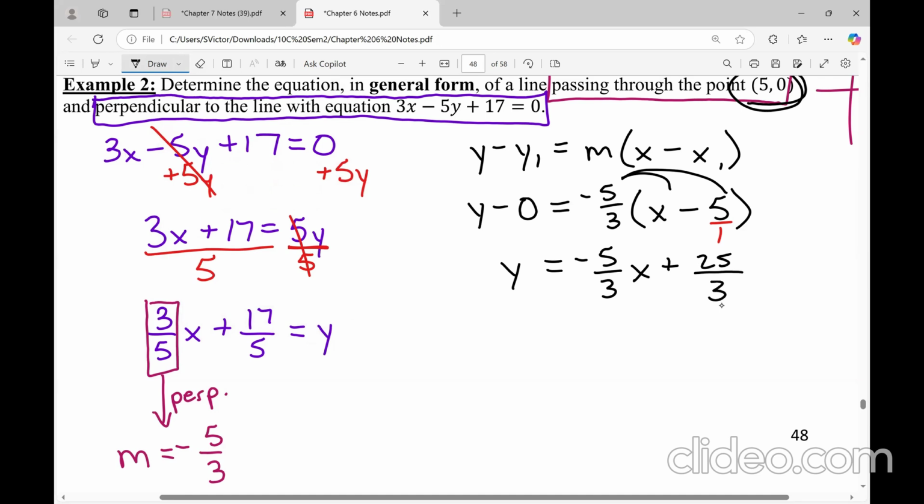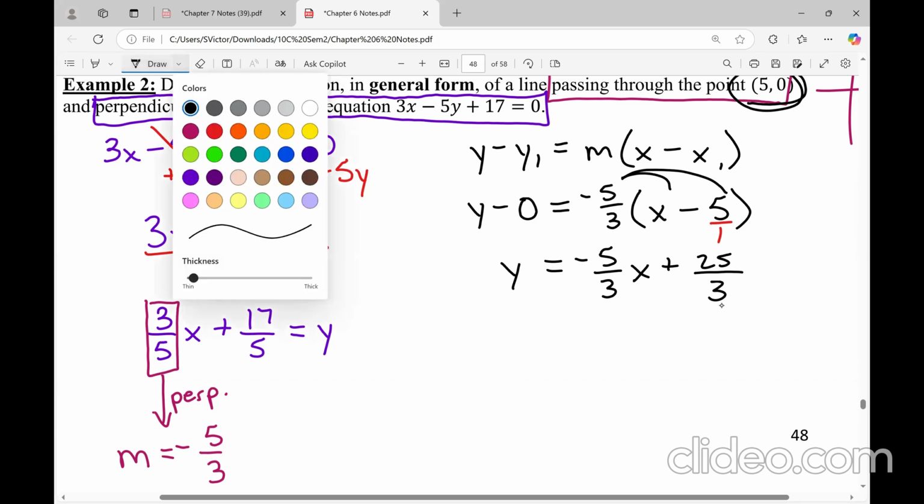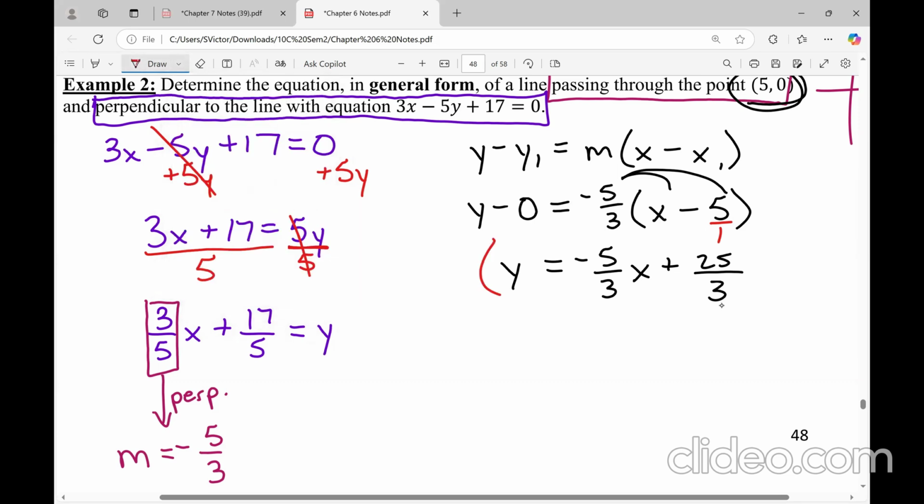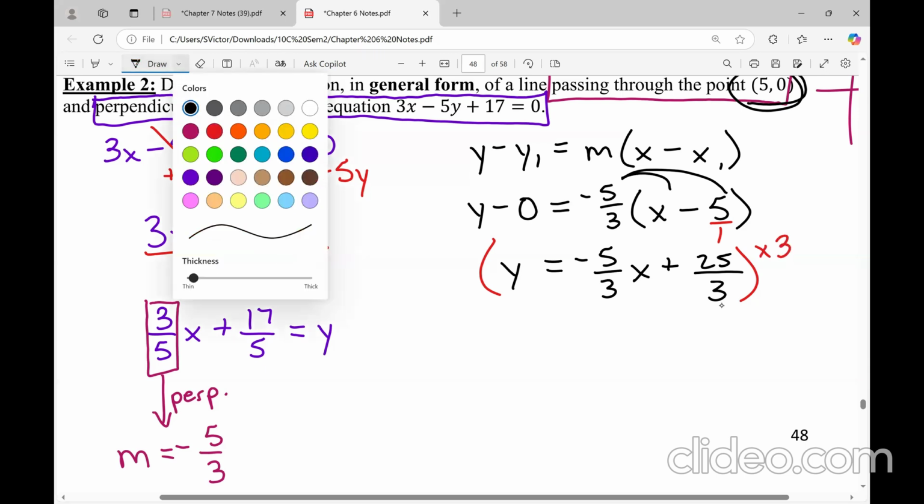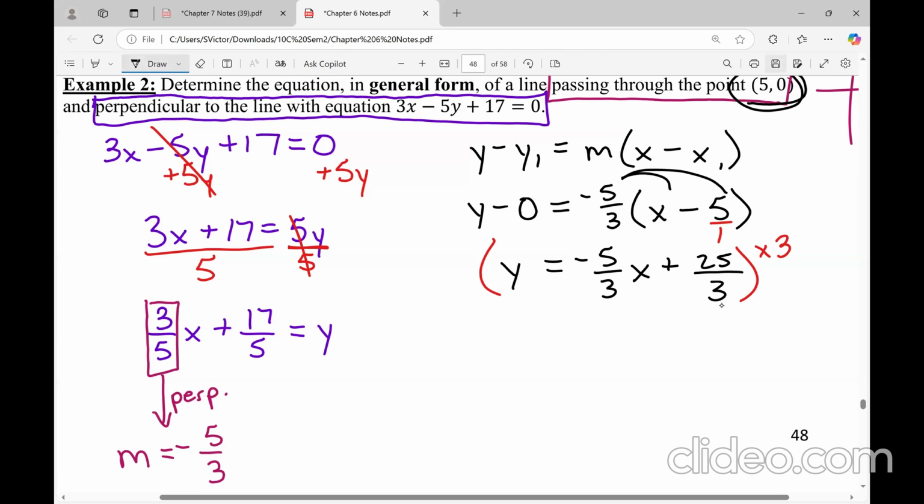Okay, general form. We don't want any fractions. So remember, to get rid of your fractions, you need to multiply by the common denominator. If there's only one denominator, which here there is, it's just 3, just multiply by the denominator. So remember, every single term needs to be multiplied by this denominator. So we're going to have to go y times 3 is 3y.